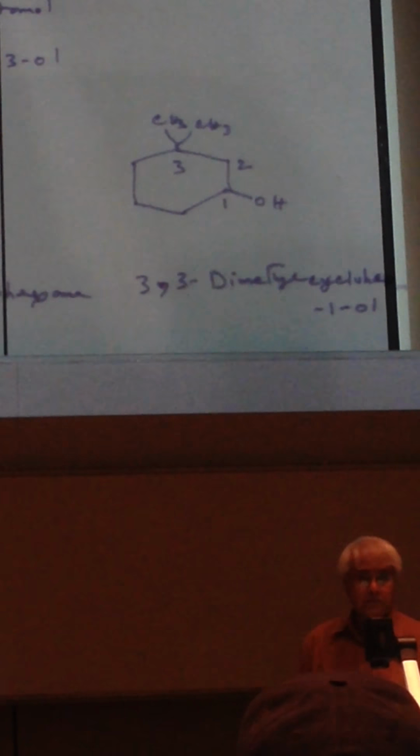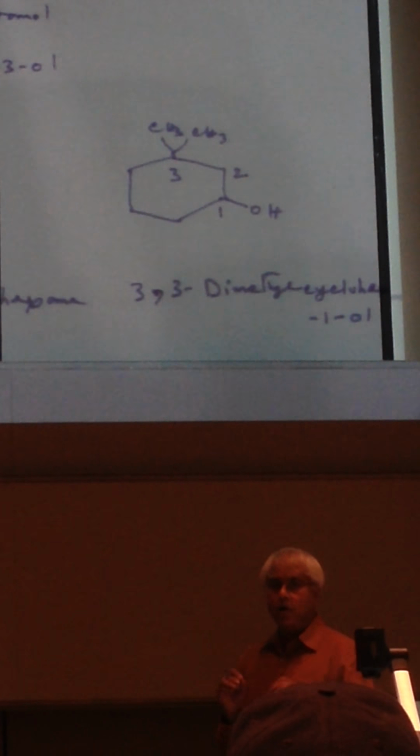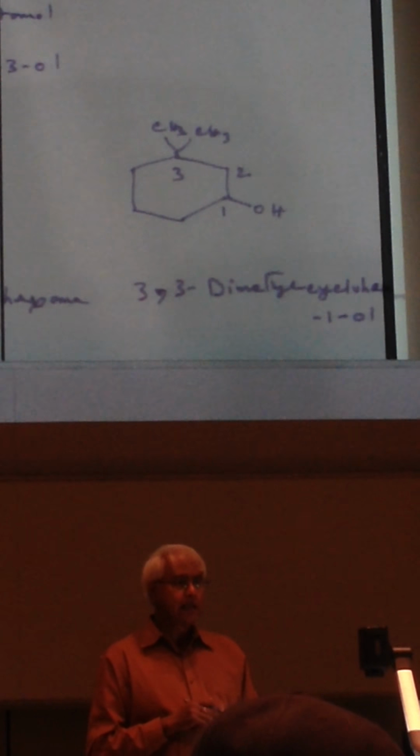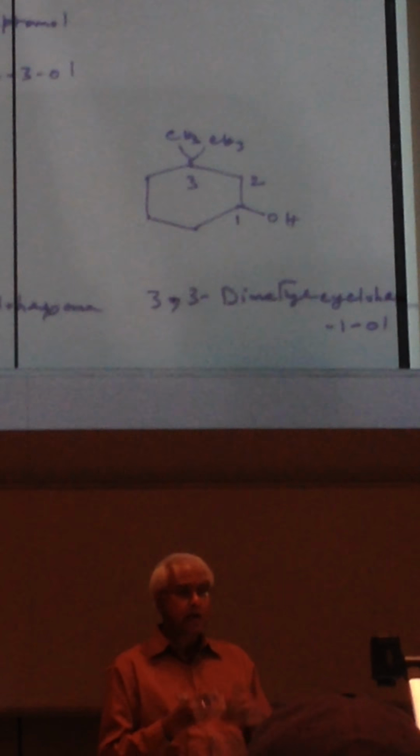So then it's 3-bromo-3,3-dimethylcyclohexan-1-ol. So that's a point to remember: halogens and alkyl groups have the same ranking, whereas the OH group is a high-ranking group.